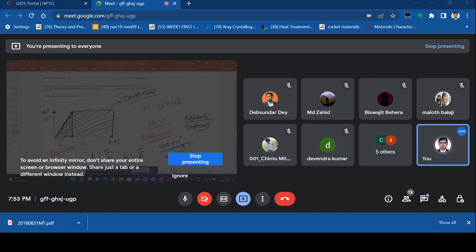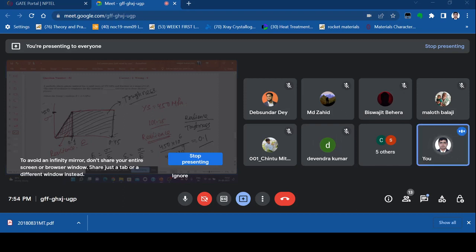Okay, so this will be our strain. So how much is this? 0.1. Yes, this is our 0.1.